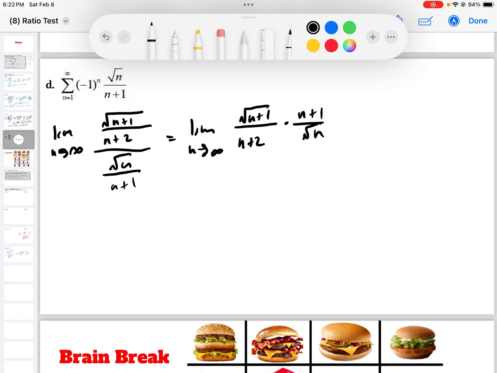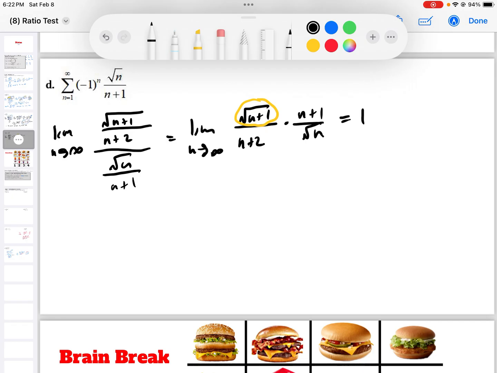As n goes to infinity, does adding 1 really affect anything? Does adding 2 really affect anything? I'm trying to give you a good reason why this is equal to 1, but I'm kind of blanking.